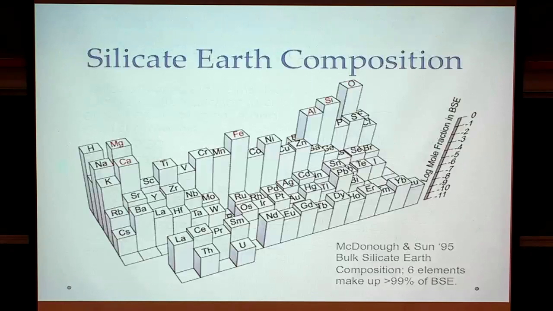Anyway, we end up with an estimate of bulk silicate Earth composition like this. This is actually McDonough and Sun, turned into a log scale. Notice that there are only 6 elements that make up more than 99% of the bulk silicate Earth. In that sense, everything else, most of the periodic table, is a trace element.